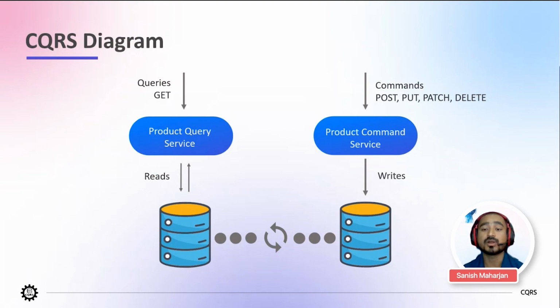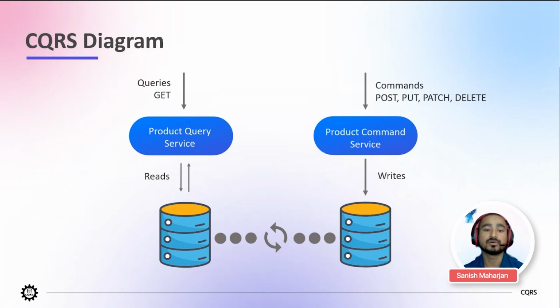Let's say the user is sending a POST request to a product command service, maybe calling the add product command service. Through this product command service, it will post some product data to a database on the right. Let's call it a write database.